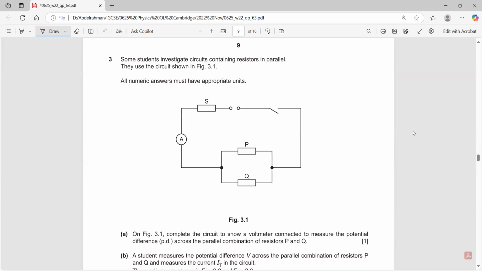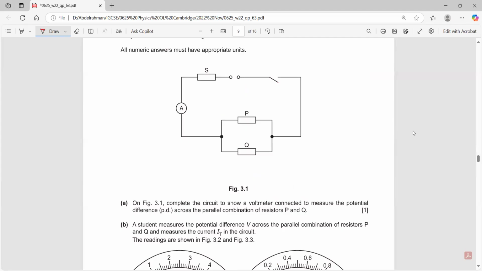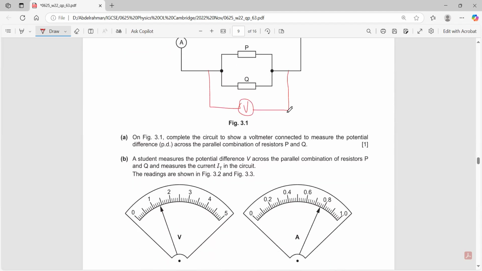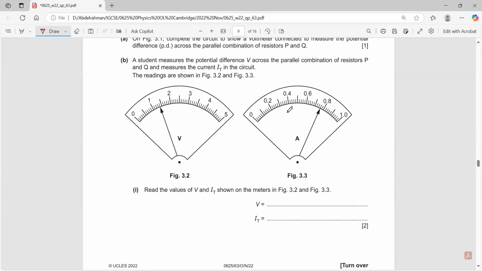In question 3, we have a circuit. On figure 3.1, complete the circuit to show a voltmeter connected to measure the potential difference across the parallel combination of P and Q. So you have the voltmeter across P and Q. It measures the potential difference across the parallel combination, the voltage and the current. The voltage is 1.4 volts and the current is 0.76 amps.